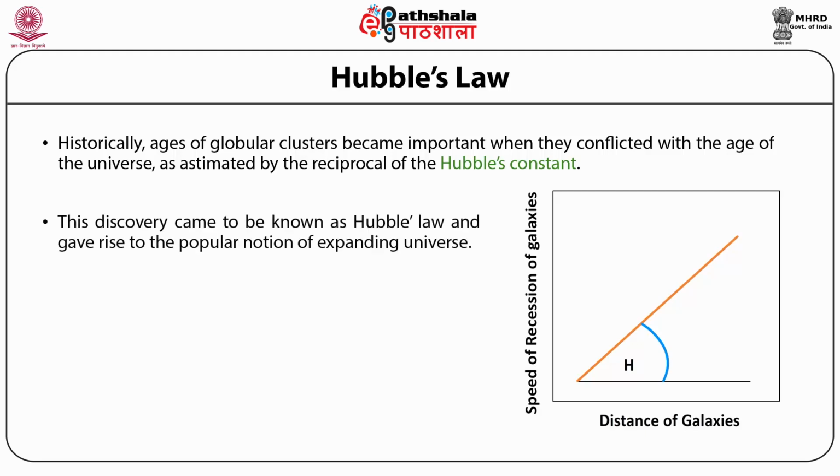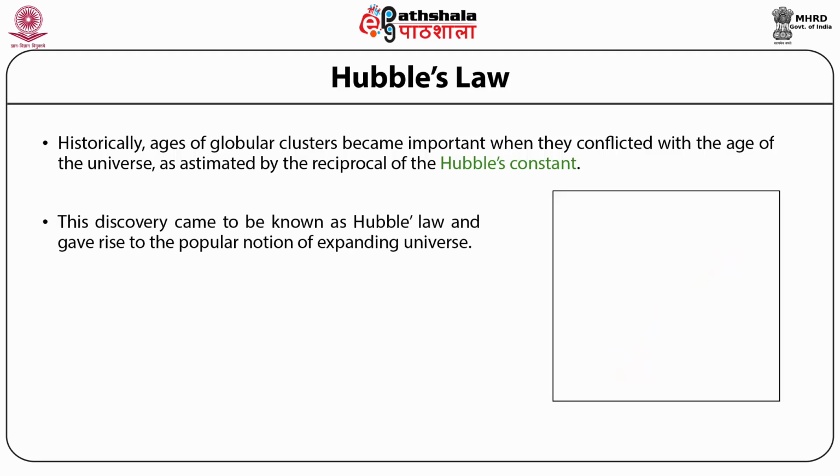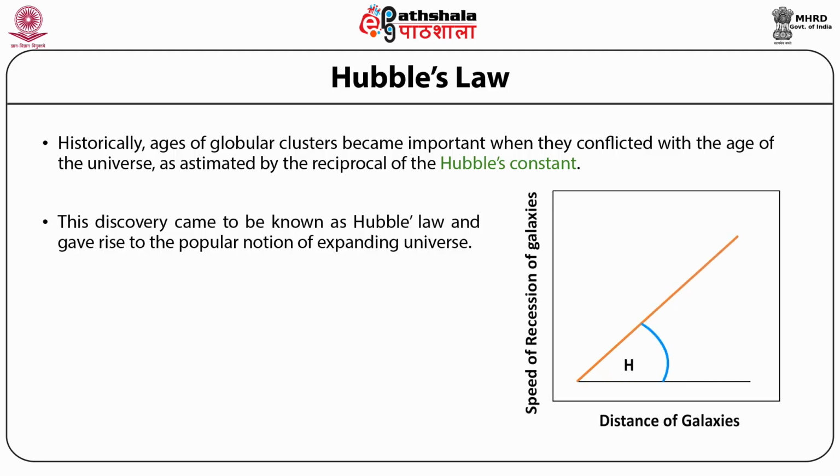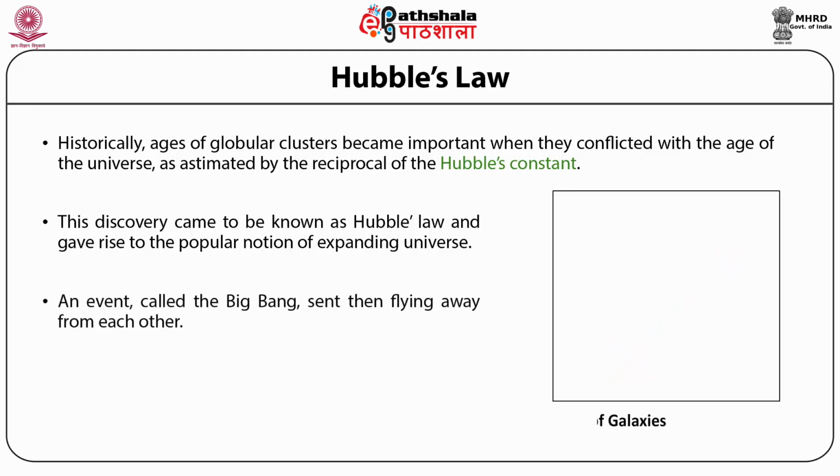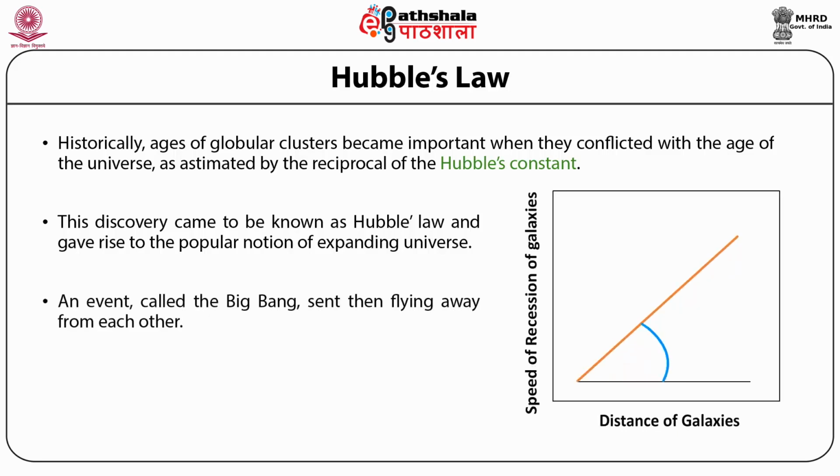This discovery came to be known as Hubble's law and gave rise to the popular notion of an expanding universe. It was argued that if the galaxies are moving away from each other, at some time in the past they must have been together at one point, from where an event popularly known as the Big Bang sent them flying away from each other.